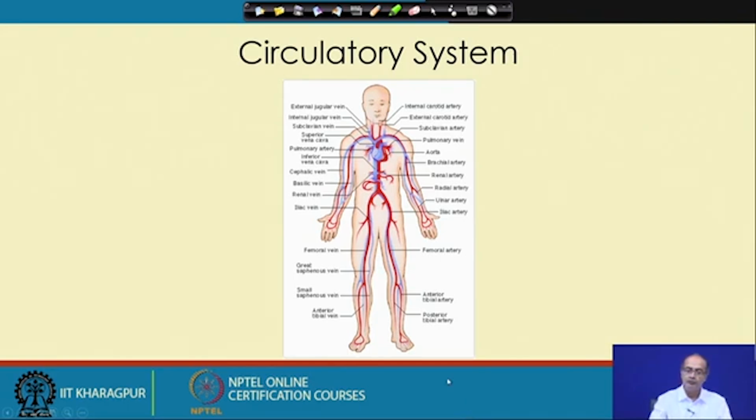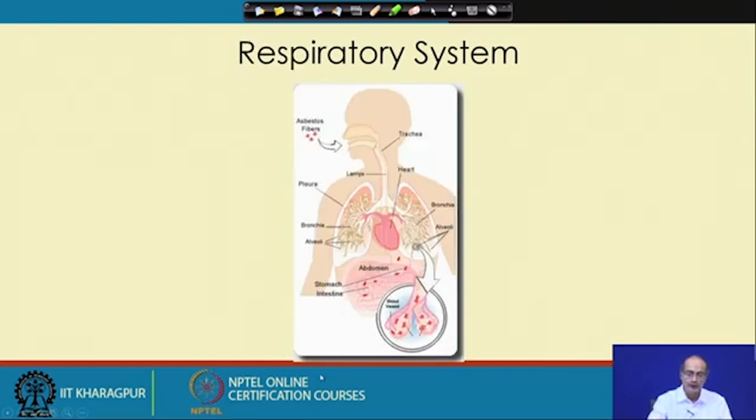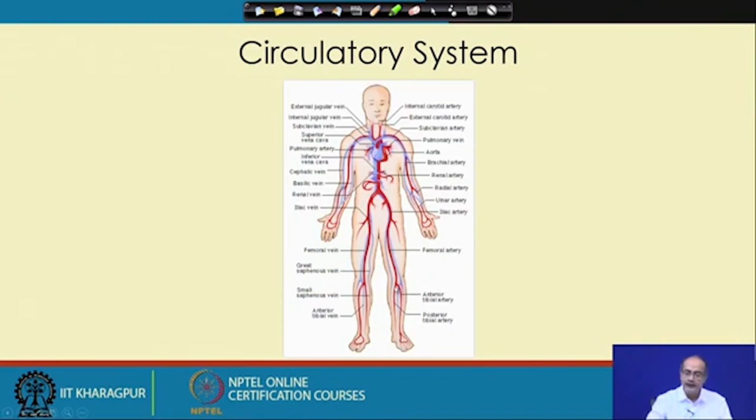So, when we look at the arteries, they spread in the head as well as the different parts of the body. They take the blood, and the blood gets distributed by the subdivisions of the artery, and ultimately there are some very small blood vessels, and so it reaches each cell.